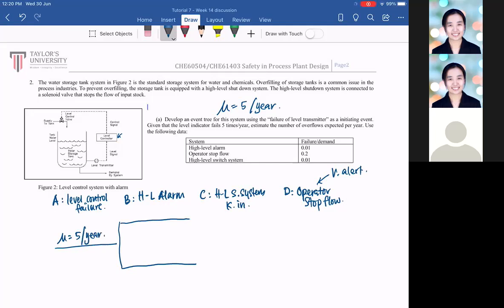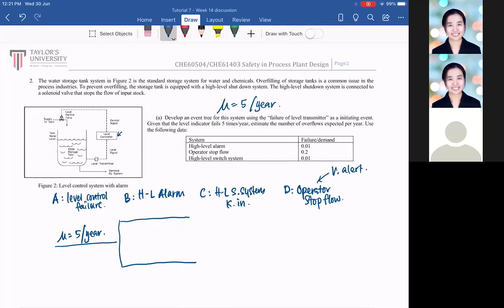Okay, so then we have this success. If let's say the high level alarm goes off, most of the time it will work, 99% of the time it succeeds. So this is 99% of the time, but 1% of the time it failed.